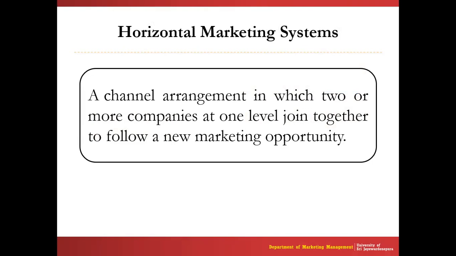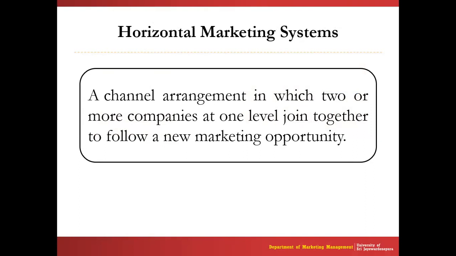The best example I can see is the wedding industry, where you can see so many horizontal marketing systems: the photographer, the bridal dresser, dressmakers, jewelry shops, all will be unified, all will have an arrangement, and all will join and try to sell a product.